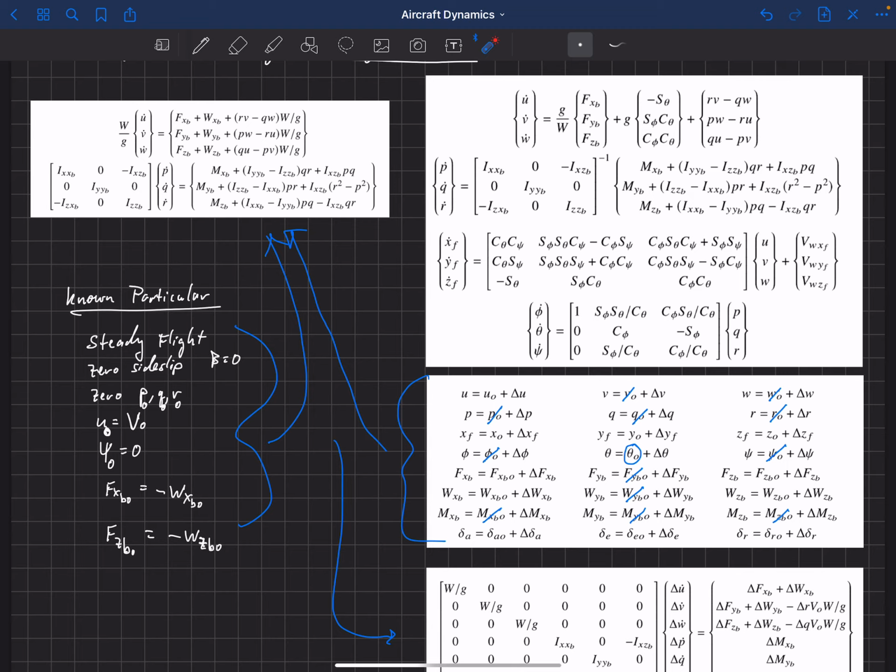Now remember, in the previous video, we talked about, for small disturbance theory, to linearize these equations, we're going to drop second order disturbances. So this is a second order disturbance because we have a delta R times a delta V. Remember, these are deviations from our known particular solution.